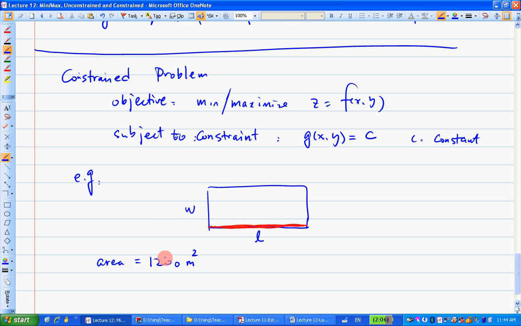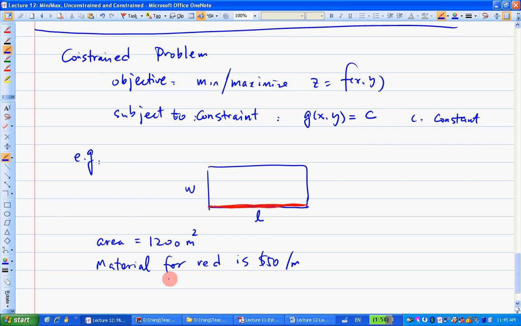However, what you know is that the material for the bottom side, for the red side, is $50 per meter.